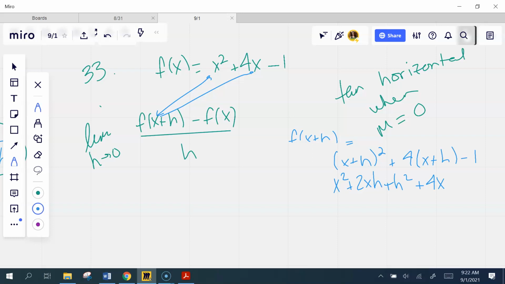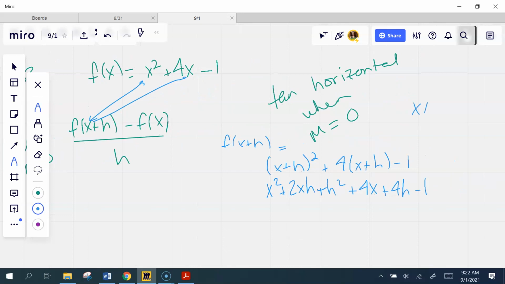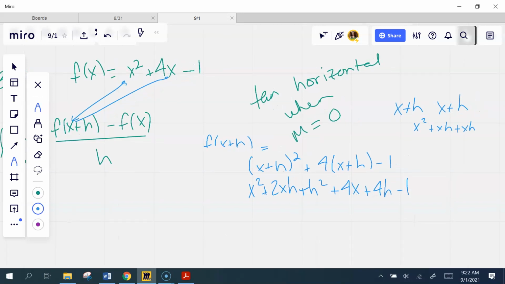If you FOIL it out, x plus h, x plus h, x squared plus xh plus xh plus h squared. When you're foiling, it's always the square of this, put them together and double it, the square of that. You don't have to actually FOIL it if it's a square.